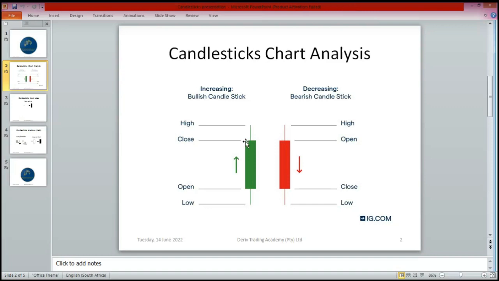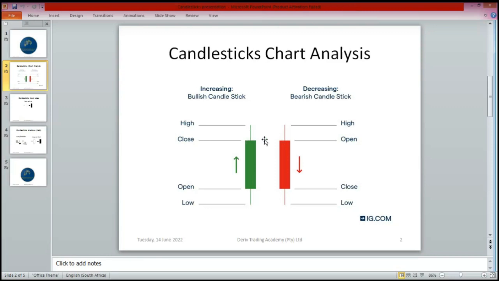And remember, whatever I'm telling you has an effect on your decision making. You need to consider the length of the body, and other times the shadow, which I will show you now. The thin lines poking above and below the body are called the shadows.